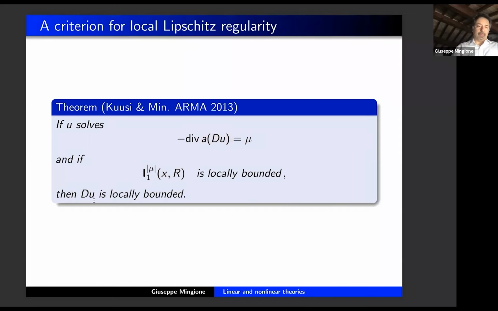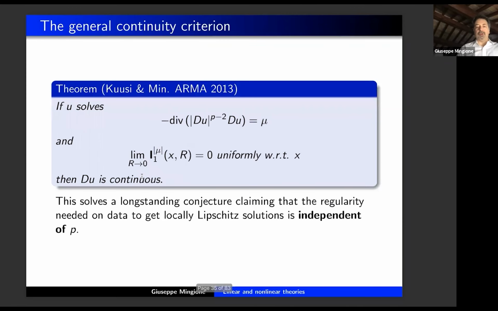But even more, you know that if this object is bounded, then this quantity is almost everywhere going to 0 when capital R goes to 0. If you strengthen this into uniform convergence, then you prove that the u is continuous. Because basically, the effect in these open problems is the following one.